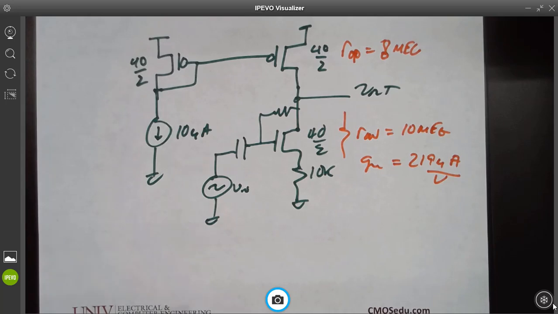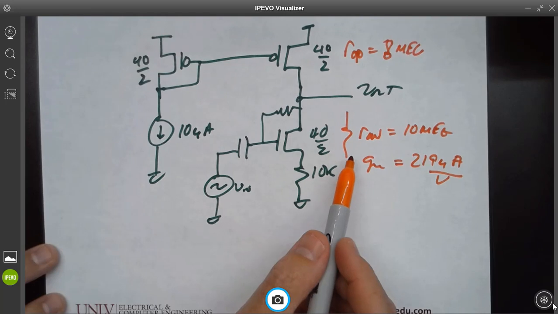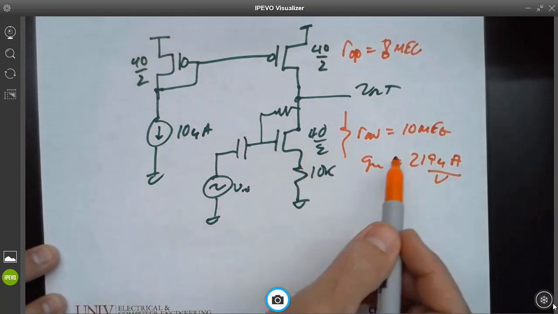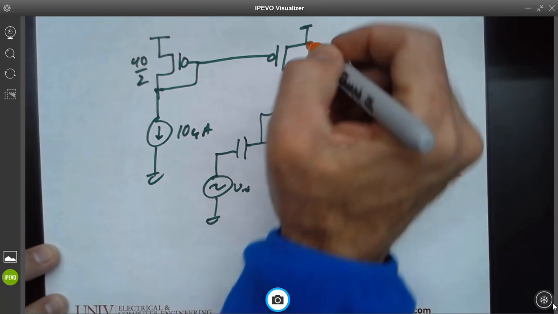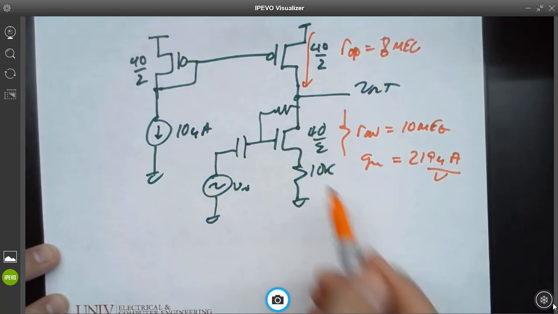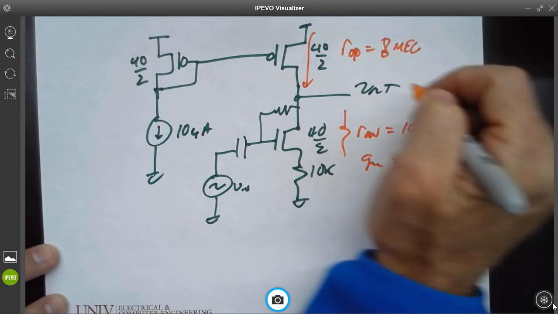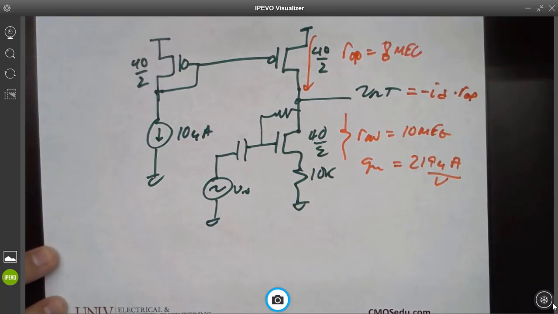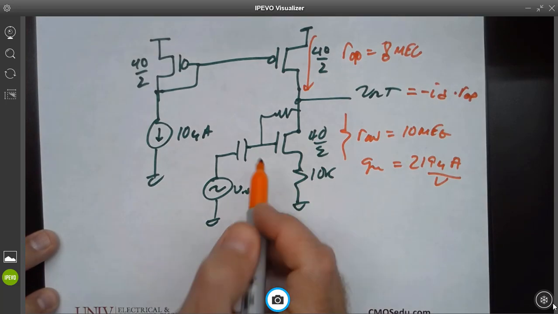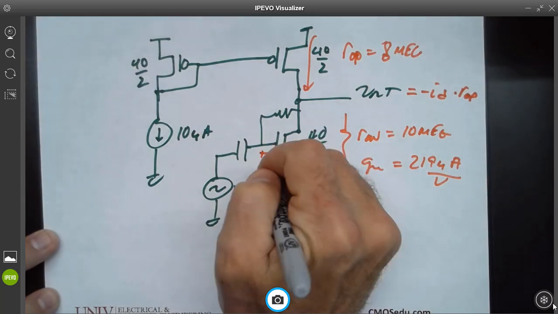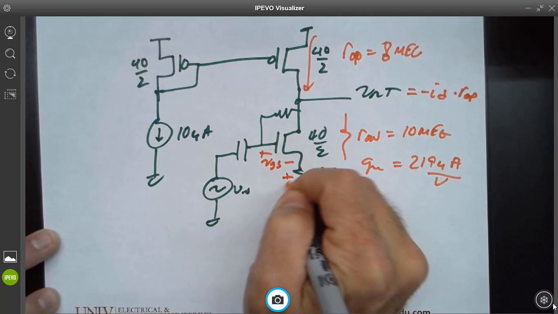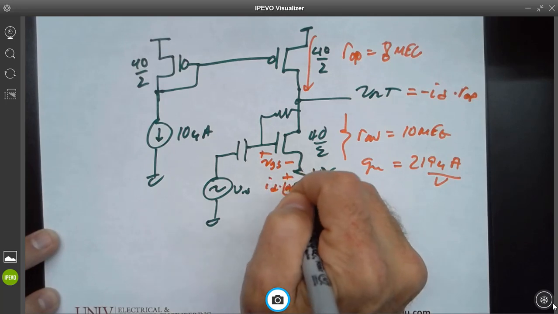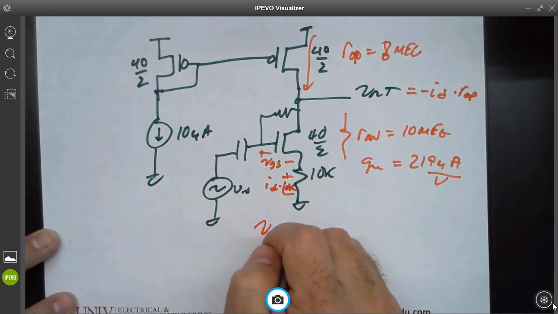So now, I've got the 10K here with the GM and the R out. I'm saying that I'm going to neglect the resistance looking down in here and just say that the current flows through this 8 meg alone because of that resistor. So I'm going to say V out equals minus ID times R out P. Anybody agree with that? Then I'm going to go over and I'm going to say that this VGS plus this ID times 10K is V in.